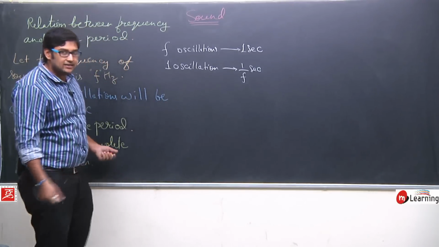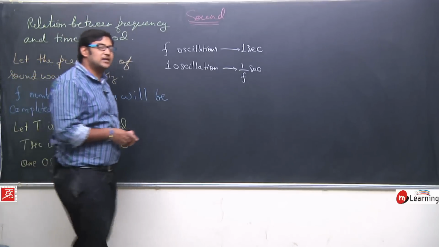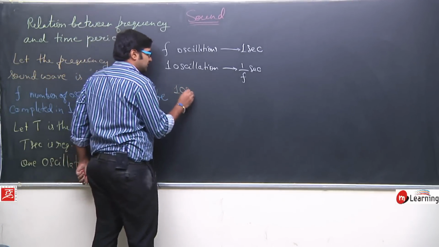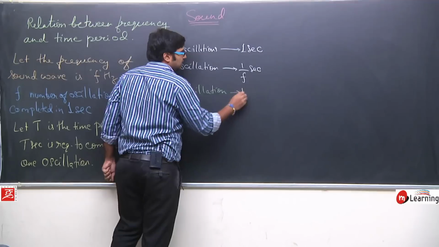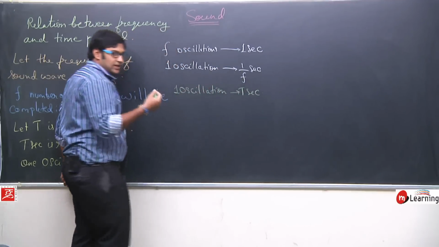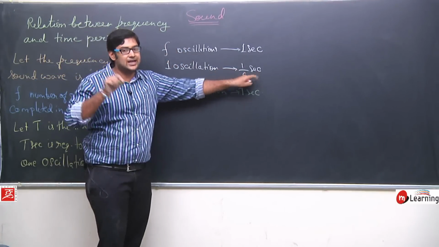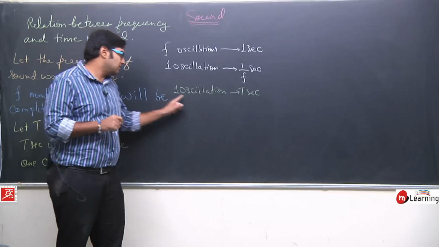But it is given to us that one oscillation will be completed in T seconds. It is clearly written here that one oscillation can be completed in T seconds. So what we can conclude is that this 1 upon f seconds also represents the time for one oscillation, and this T seconds also represents the time for one oscillation.